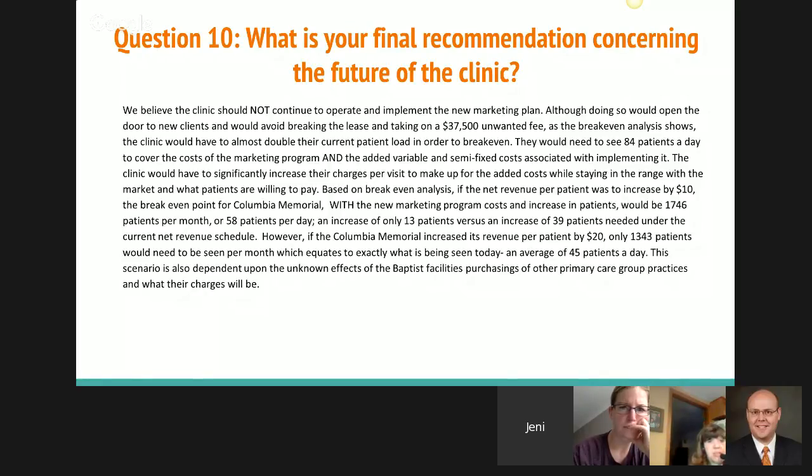The clinic would have to significantly increase their charges per visit to make up for the added costs while staying in the range with the market and what patients are willing to pay.